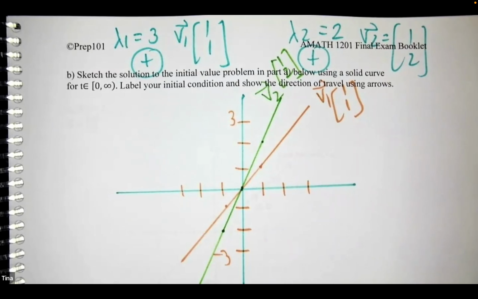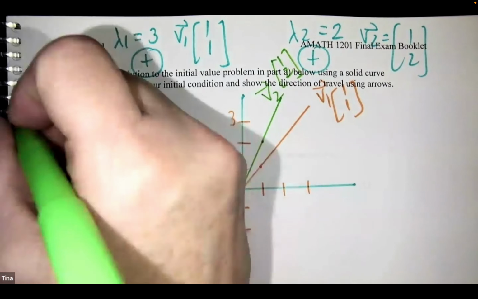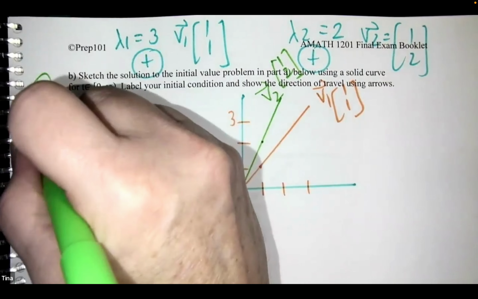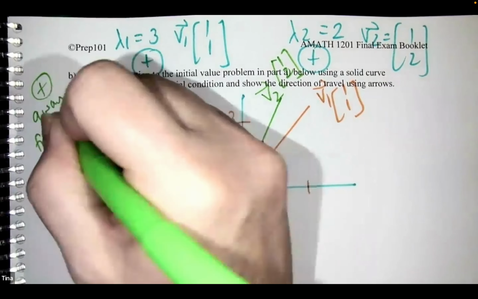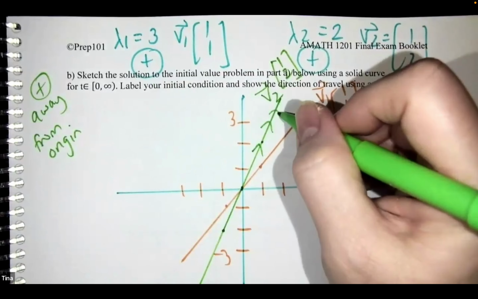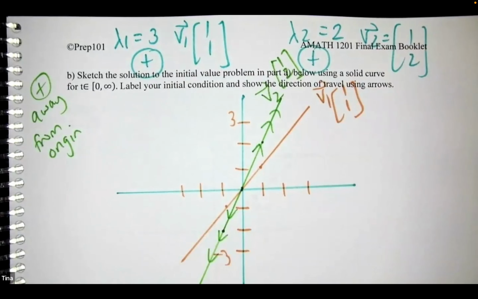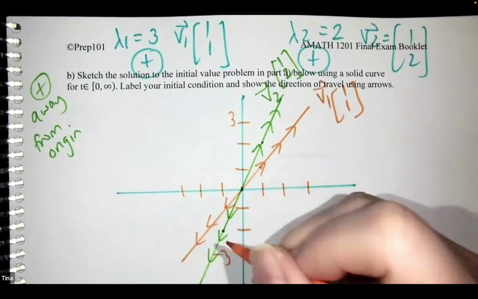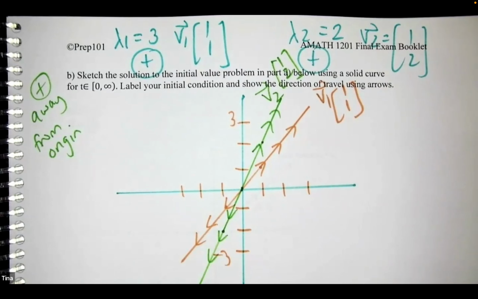And think about your arrows. They're both positive. So the arrows point away from the origin. So away and away. Same thing here. And what's our initial condition?